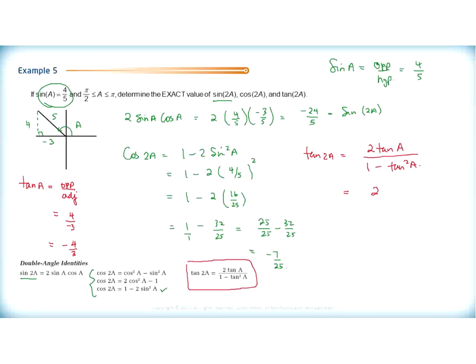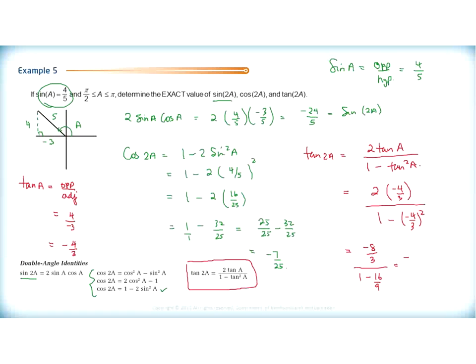So I got 2 times negative 4 over 3, divided by 1 subtract negative 4 over 3 squared. Again, it's pretty simple math from here on in. You should be able to do this without too much difficulty. I'm going to get negative 8 over 3 divided by 1 subtract 16 over 9.